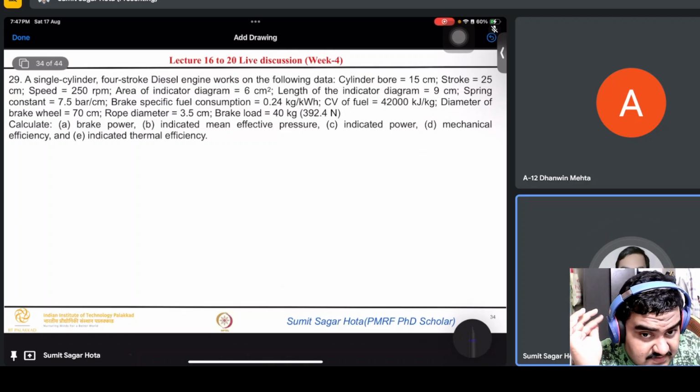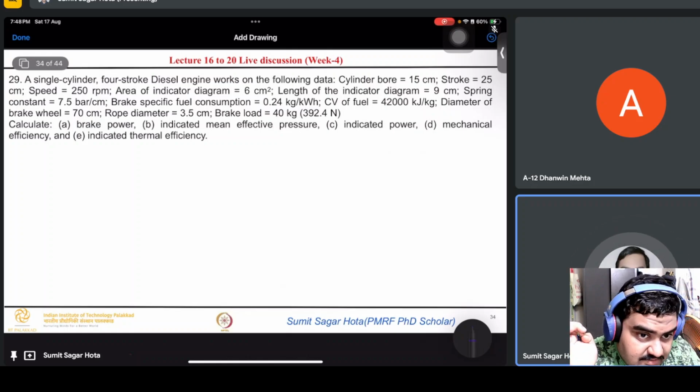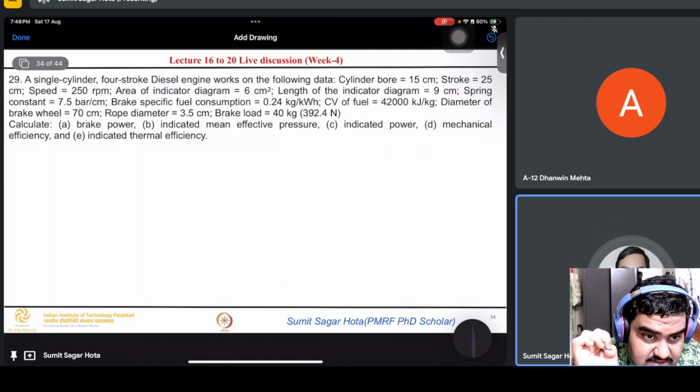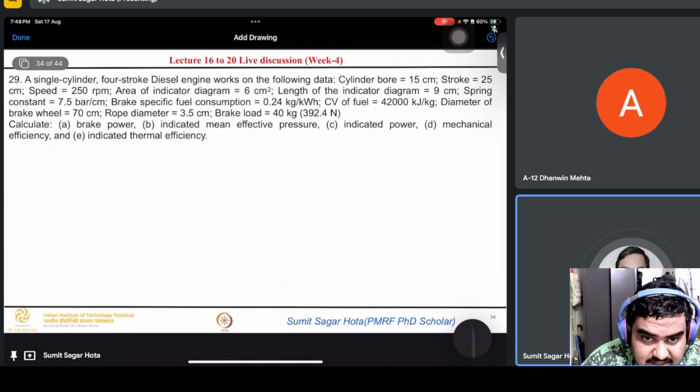The cylinder bore 15 cm, stroke 25 cm, speed 250 rpm, area of the indicator diagram 6 cm square, the length of the indicator diagram 9 cm, spring constant 7.5 bar per centimeter, brake specific fuel consumption BSFC 0.24 kg per kilowatt hour. The calorific value is 42,000 kilojoule per kg. Diameter of the brake wheel is 70 cm. Rope diameter 3.5 cm. Brake load 40 kg, which is 392.4 Newton.